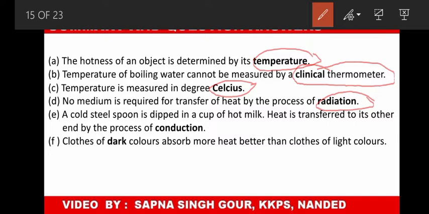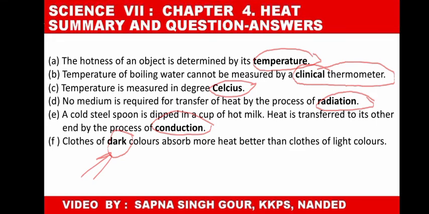Then the next is: a cold steel spoon is dipped in a cup of hot milk. Heat is transferred to its other end by the process of conduction. Then the next: clothes of blank colors absorb heat better than clothes of light colors.